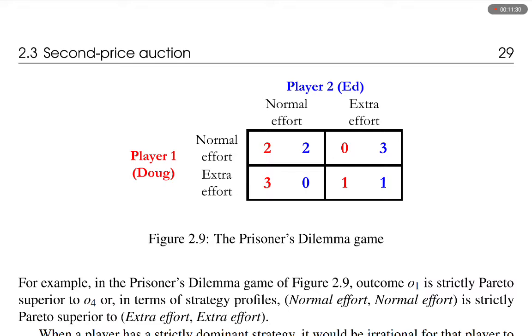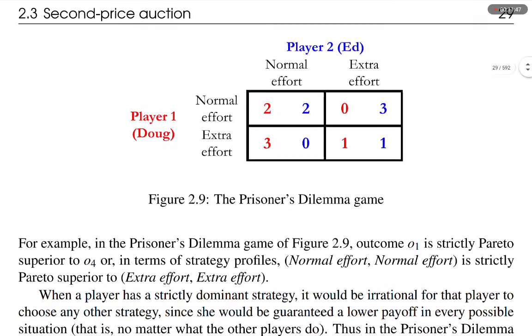Normal effort for both has payoffs of 2 and 2. Normal for Doug and extra effort for Ed has payoffs 0 and 3. Extra effort for Doug and normal effort for Ed has payoffs 3 and 0, and extra effort for both parties yields payoffs 1 and 1.